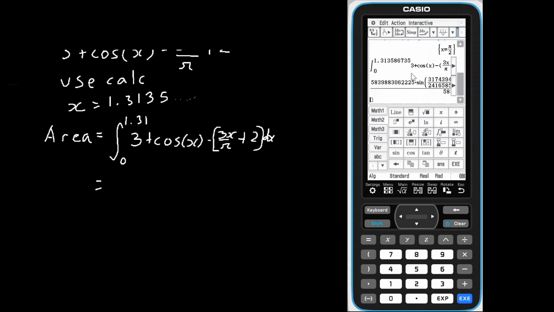I've got it in standard, that's why it's giving me something really horrible. Go decimal, and also make sure that you're in radians. If you're in degrees, it's going to change the game. Let's say I change it to degrees: my answer was 1.45, and now when I hit enter, it's 1.8. So you've got to make sure that you're in radians.